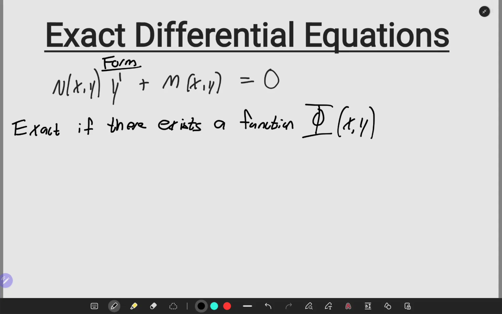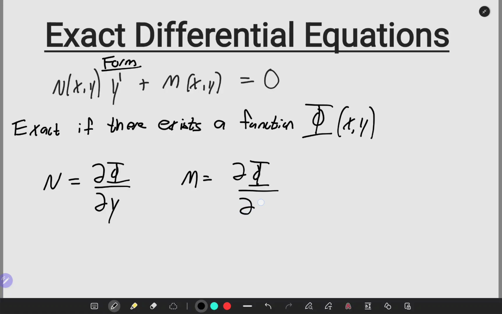You might recognize this from Calc 3 too. This n from the top here is the same thing, I'm just going to rewrite it down here. N is actually equal to the partial of phi with respect to y, while m is equal to the partial of phi with respect to x.